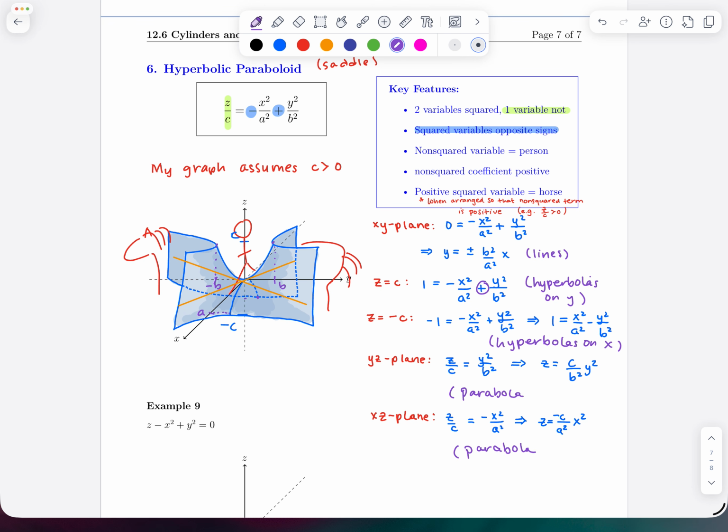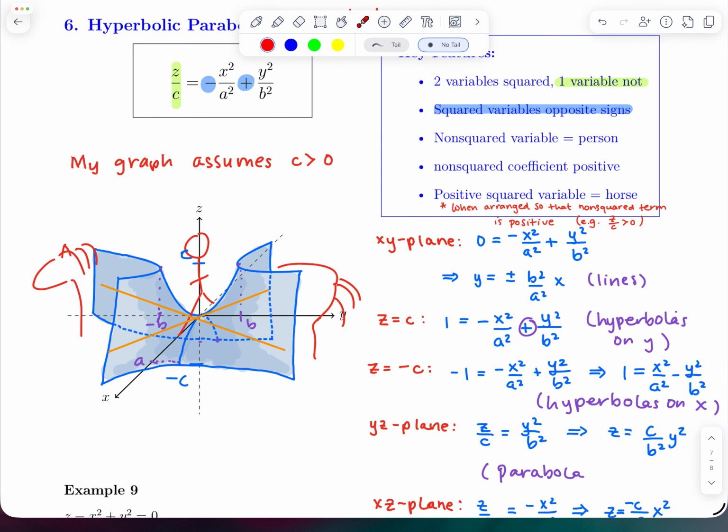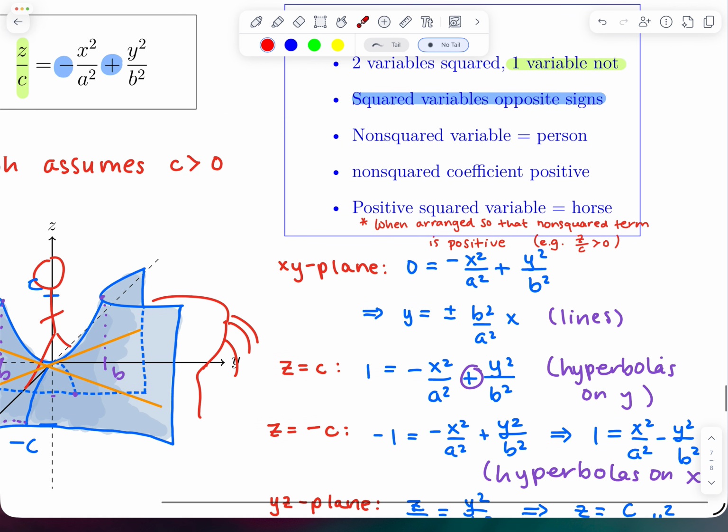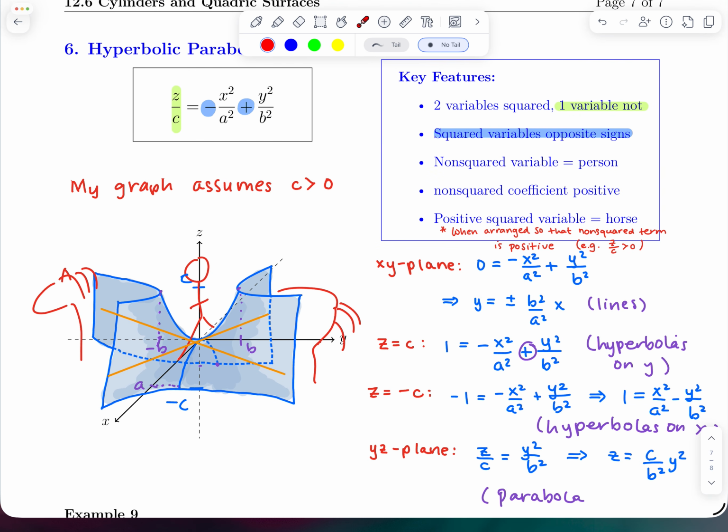If you always are careful to arrange your equation, so notice I've put a note here, so that the non-squared term is positive, so basically you put the non-squared term on one side, and you make sure that when you put it on one side, that is a positive value, and then you write out what these terms are.